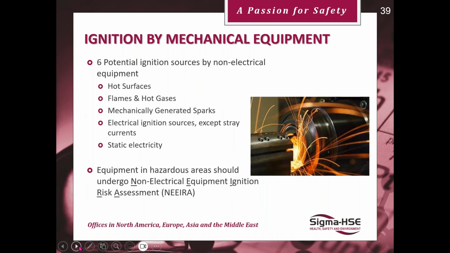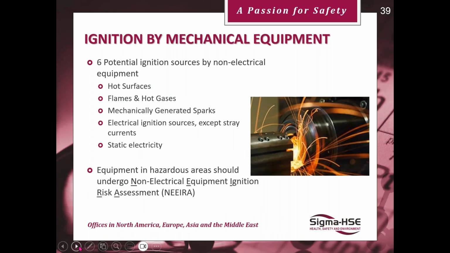So, mechanical equipment ignition. There are 6 potential ignition sources for non-electrical equipment. You've got hot surfaces, flames and hot gases, mechanically generated sparks, and electrical ignition sources, i.e. stray electrical currents, and of course static electricity.